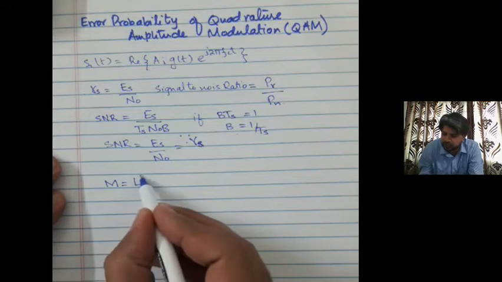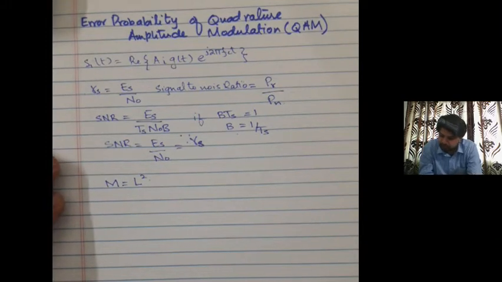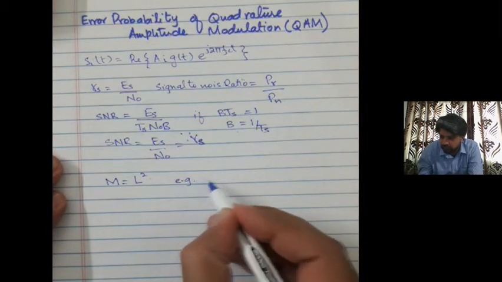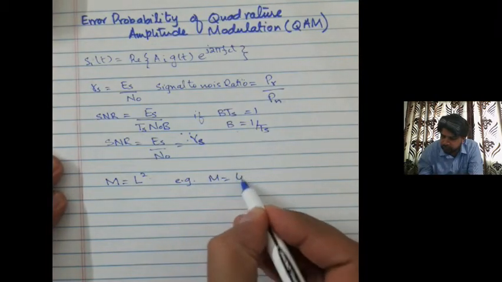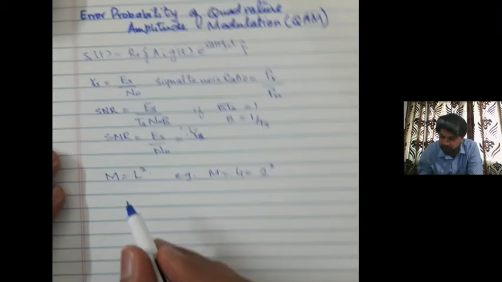So if M is a square constellation, that means the number of symbols to be transmitted would be a perfect square. Let's call it L squared. For example, if M is equal to 4, that would be 2 squared, and capital L would be equal to 2 in that case.